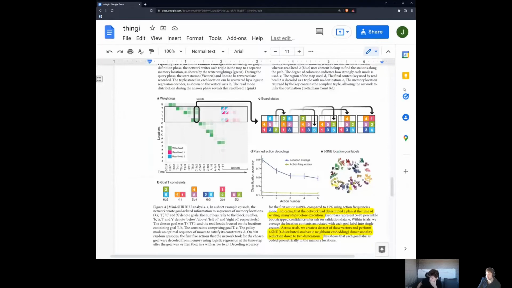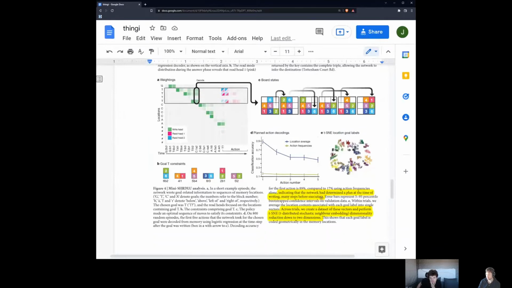So they show that they can do it, but one thing I didn't really understand was the D and E part of the figure. Part D of the figure should show that on 800 random episodes, the first 5 actions that the network took for the chosen goal were decoded from memory using logistic regression at the time step after the goal was written.